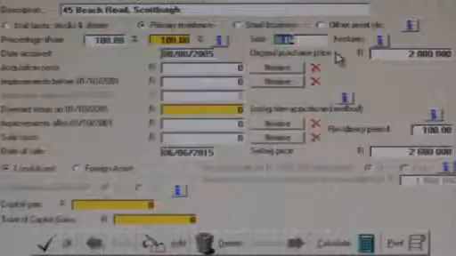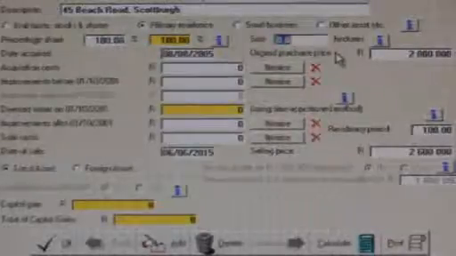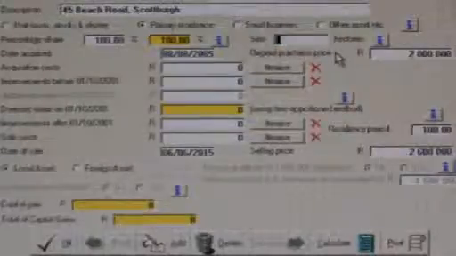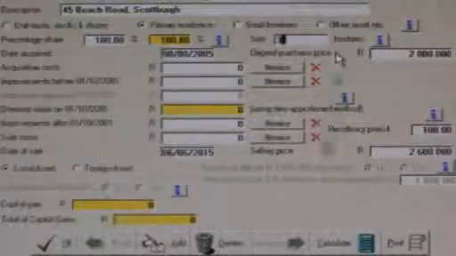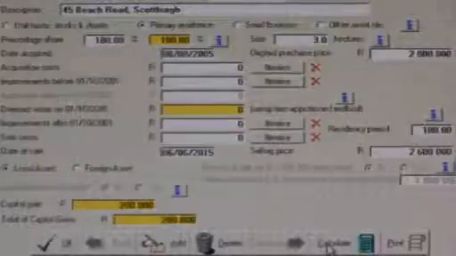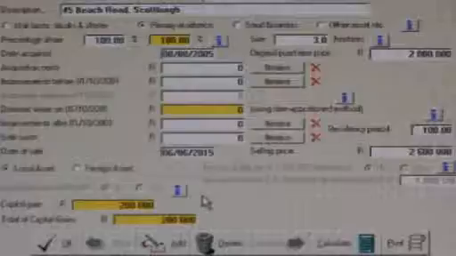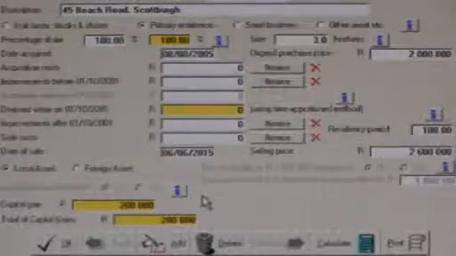I'm going to enter a size of 3 hectares and see what happens to the gain. Suddenly, we have a gain of 200,000 rand.